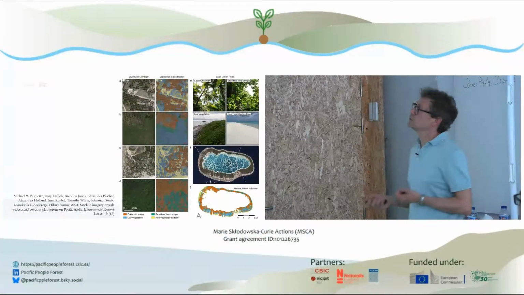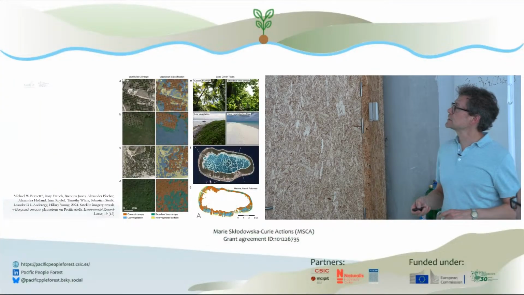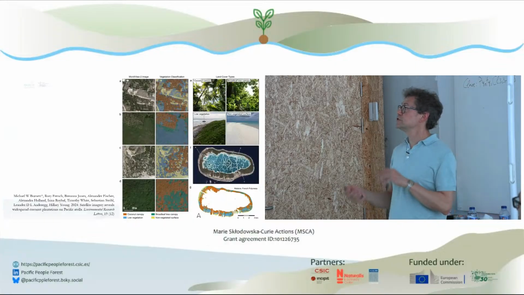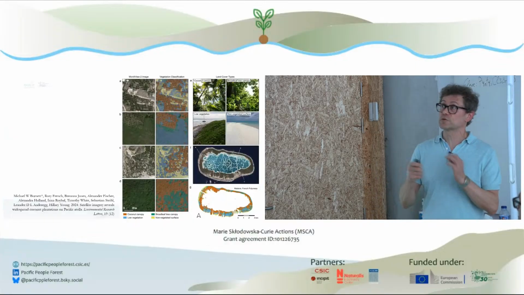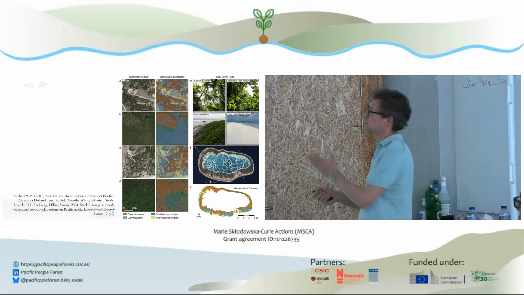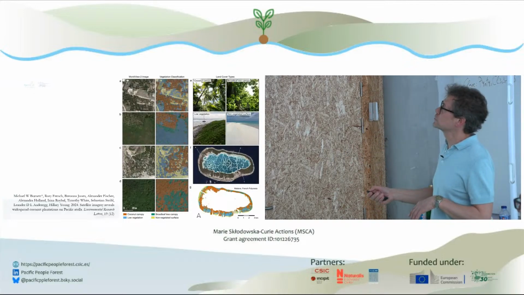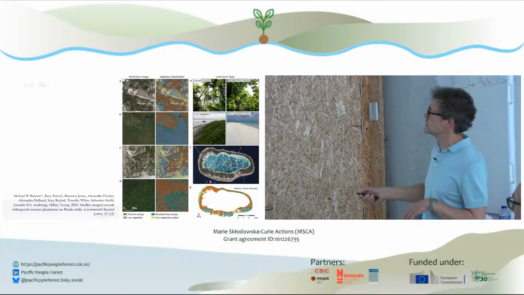But also, especially in recent years, there have been successful experiences even in discriminating different types of trees, for instance, using remote sensing. This is an example, again in the Pacific, where these people have been able to tell apart coconut trees from other types of trees.